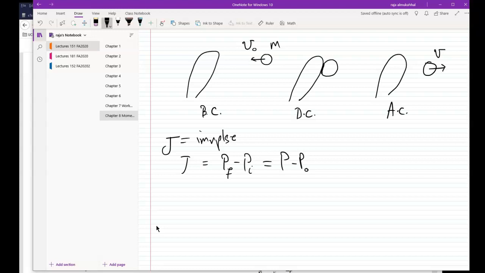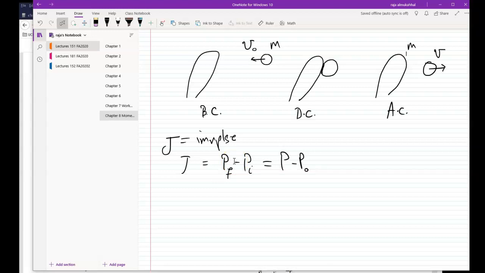We know that momentum is mv. The mass of the ball is m here as well. Again, I'm going to ignore DC for now; I'll come back to it. I'm just looking at BC and AC, and that's just a definition. We define the impulse to be the difference between final momentum and initial momentum.